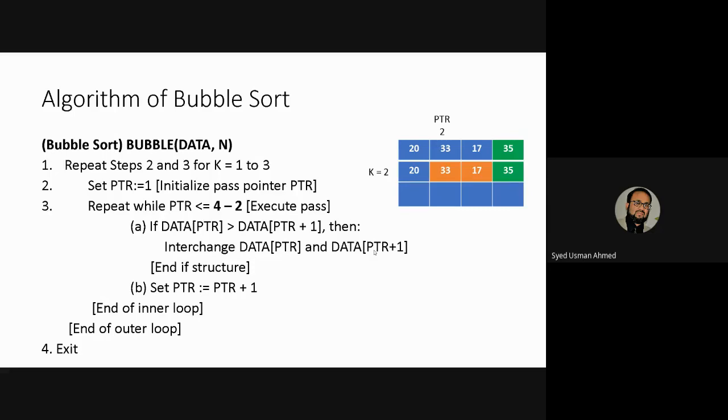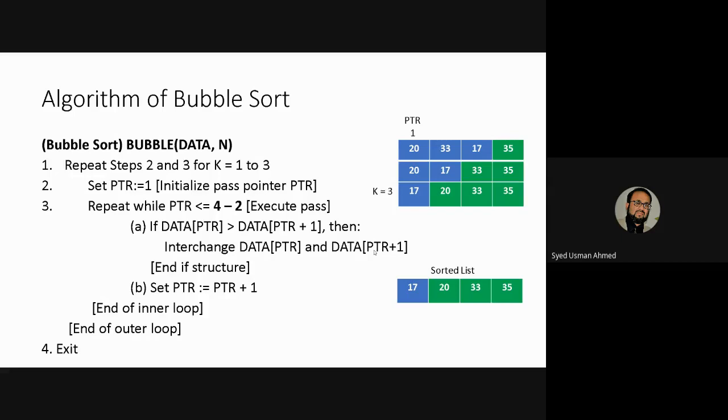In that case the if condition is true and we interchange 17 and 33, and we increment the pointer to 3. In our case, the pointer should remain till 2, but the pointer is 3. So again we quit the while loop and increment the value of k to 3. In this way, we sort the complete data.